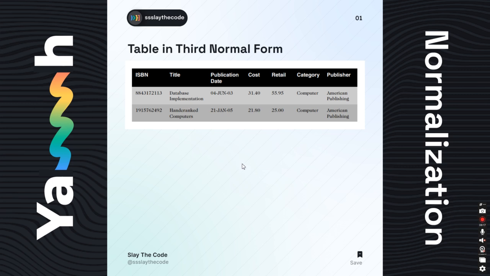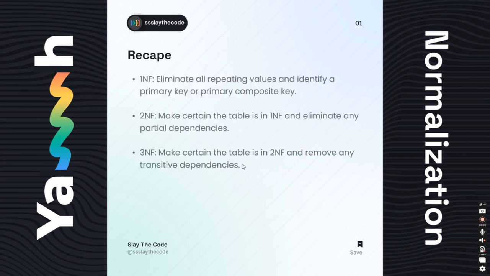So that's all for normalization, I mean the stages of normalization. I know there are more normal forms, like BCNF, fourth normal form and fifth normal form.